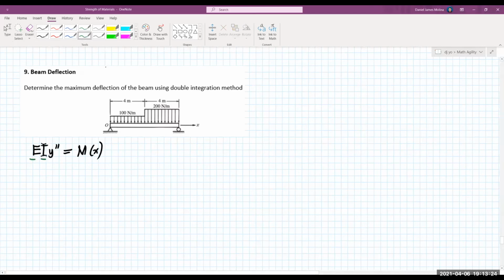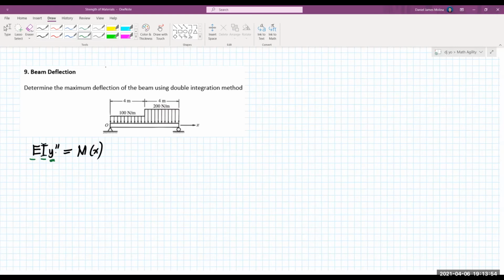I is the centroidal moment of inertia of the beam in the direction of bending. y is the y coordinate of the deflected beam, so the value of y will give us the deflection of the given beam. We just have to maximize the value of y to determine the maximum deflection of the beam.